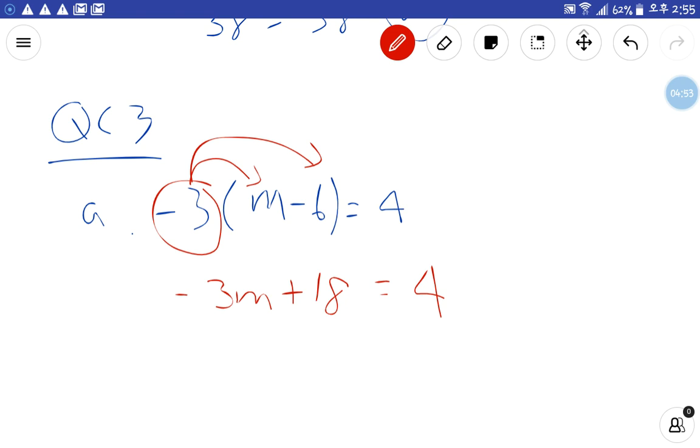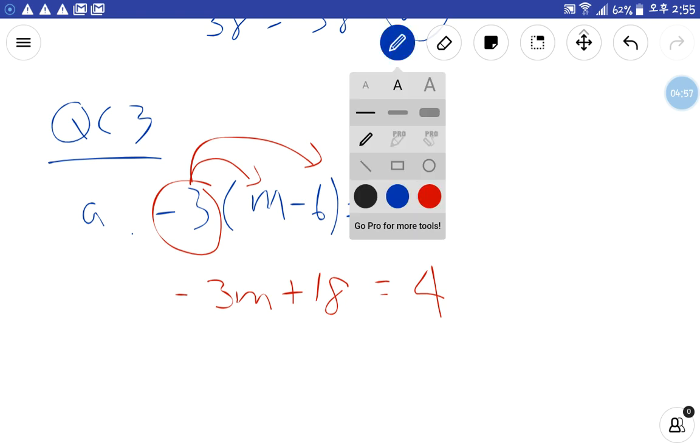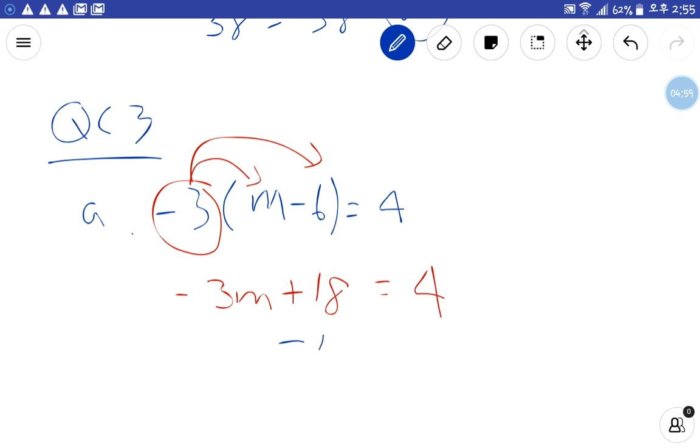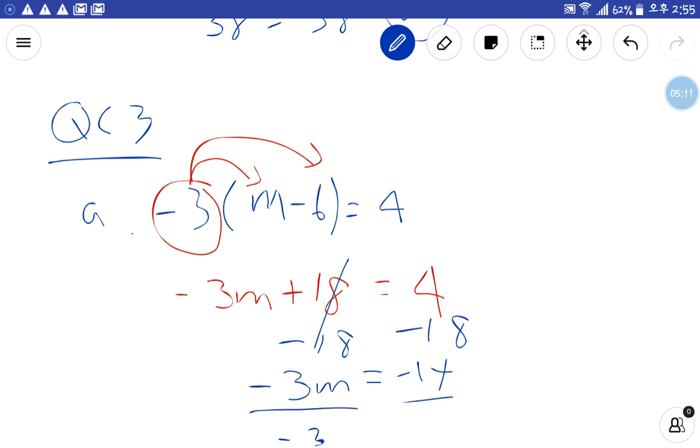Now what do we do? We are subtracting 18 from each side. Negative 3m equals negative 14. Now what? We divide by negative 3, so we expect we're going to have a mixed number.